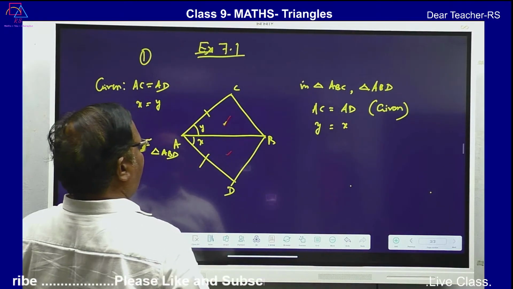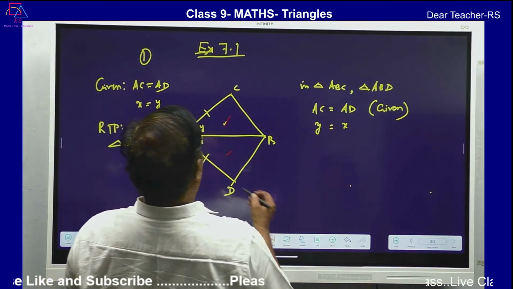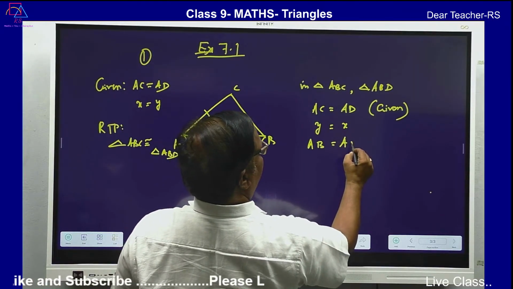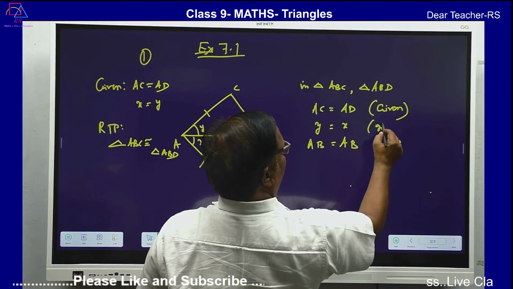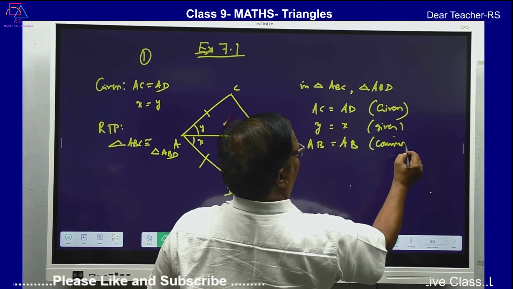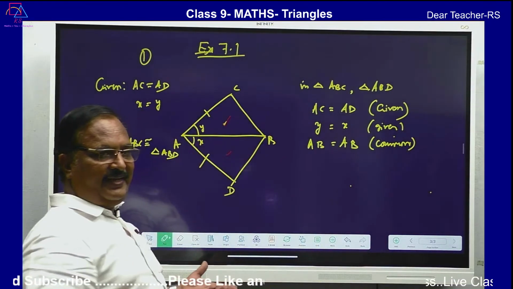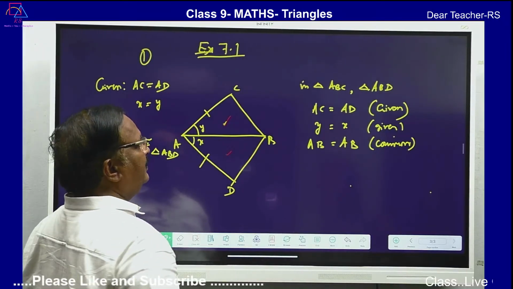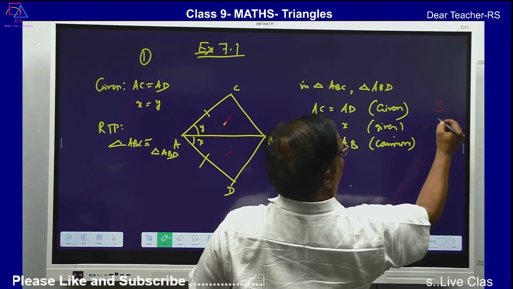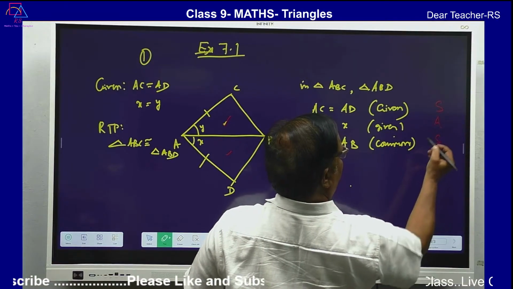So Y is equal to X, then AB is equal to AB. This is given and this is common. In both the triangles AB is there. AB is equal to BA. So therefore, side, this is side and this is angle, side.